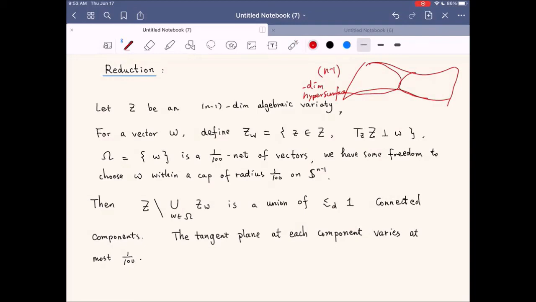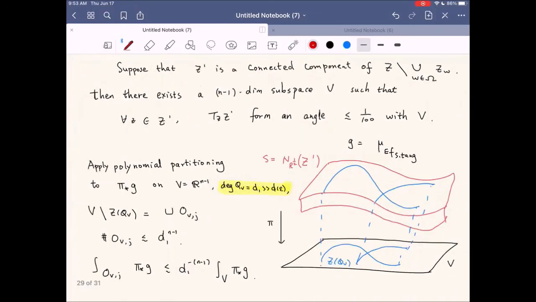Suppose that our piece of hypersurface is 1/100 close to a hyperplane, then we can apply projection to this hyperplane. And then we can do polynomial partitioning on this hyperplane and then pull back.